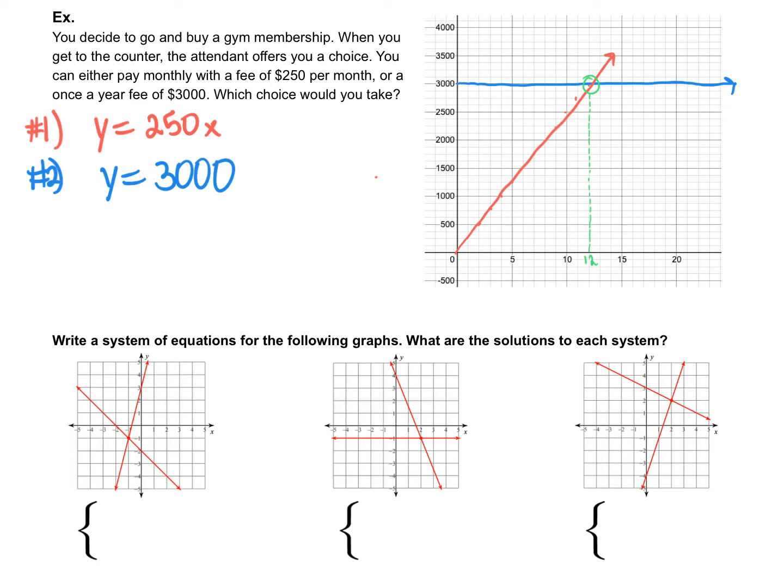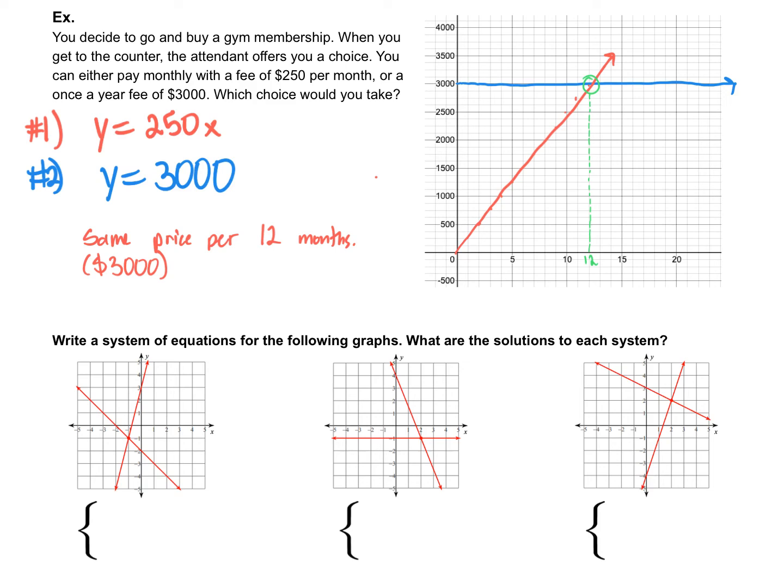So if you're talking about a yearly fee, it doesn't really matter. It's going to be the same price per 12 months. All right, that's going to be $3,000. So if you're going yearly, it doesn't matter which one you choose, but maybe you don't want to make that commitment for a full year, so it might be better for you to take the $250 a month instead.